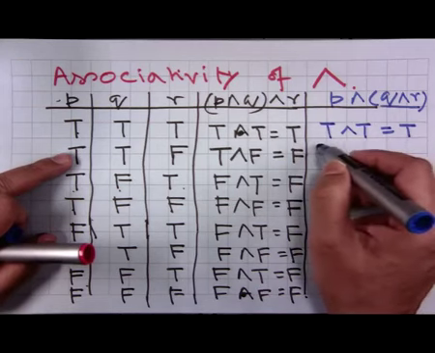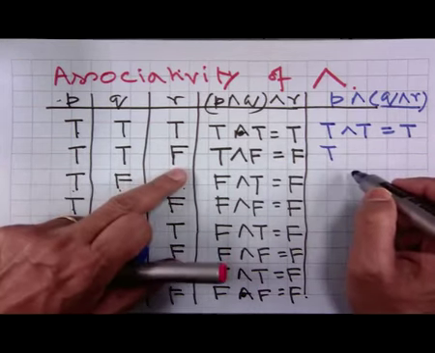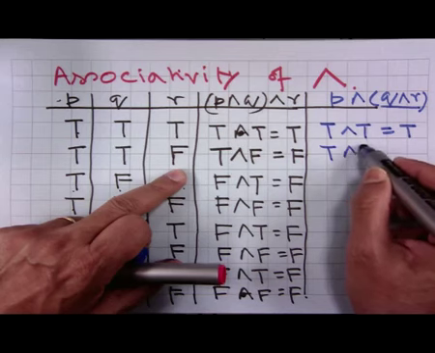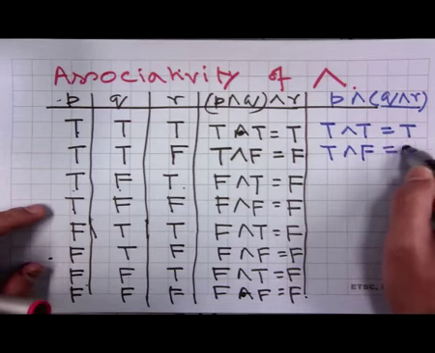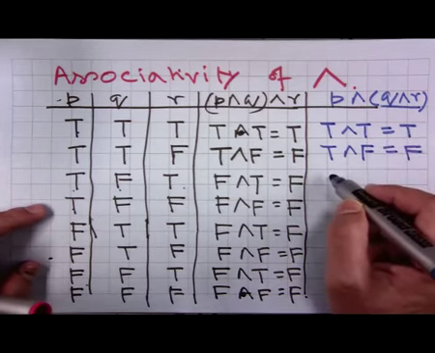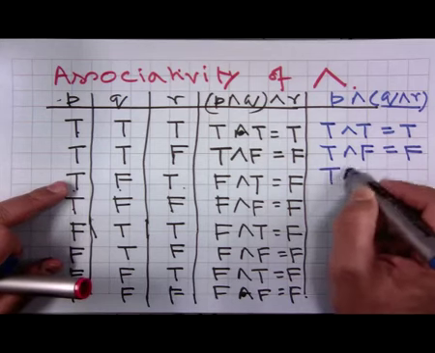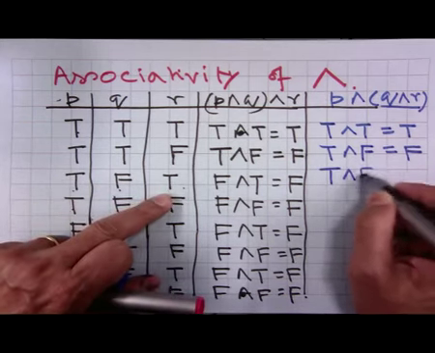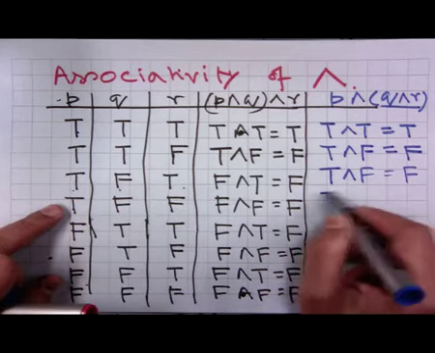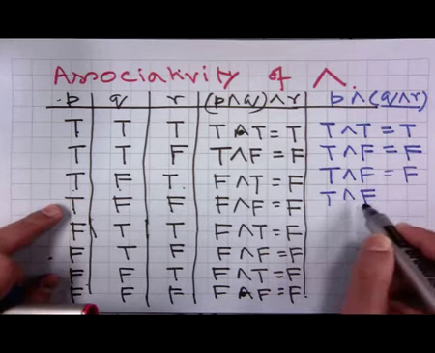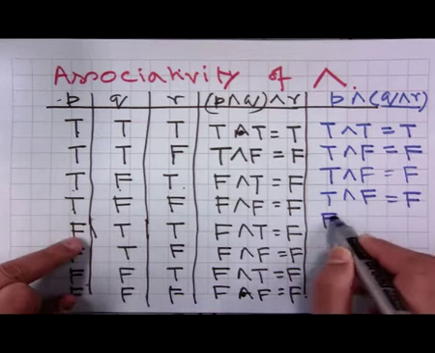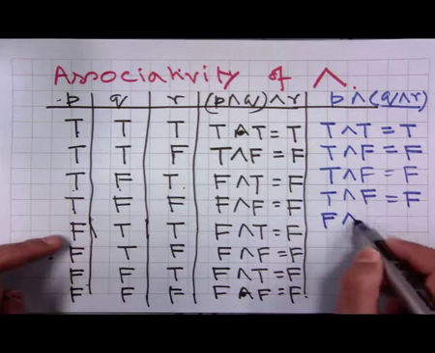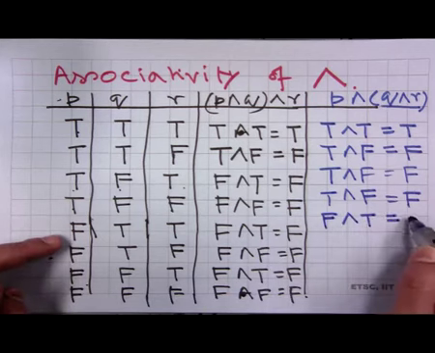P is true, Q and R are T and F, so that is F. Therefore, the whole expression is T and F, which is going to be F. Similarly, T and F and T, which is F, is equal to F. T and F and F, which is F, is equal to F. F and T, which is equal to true, but they are combined and it is F.